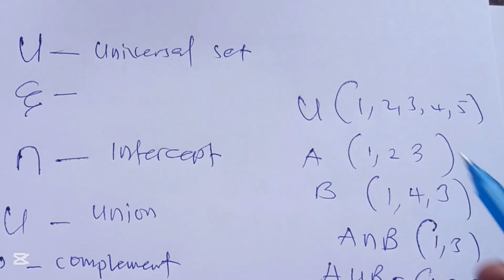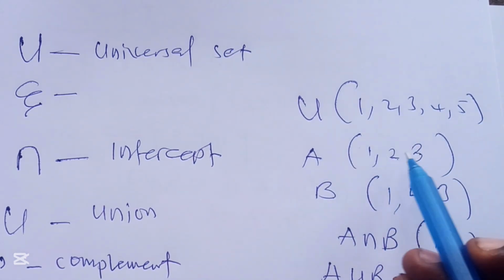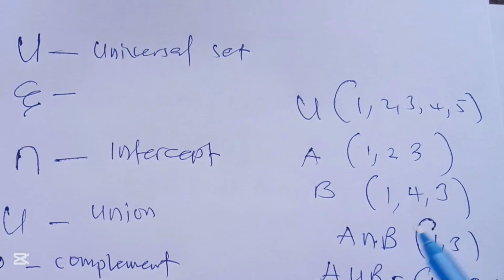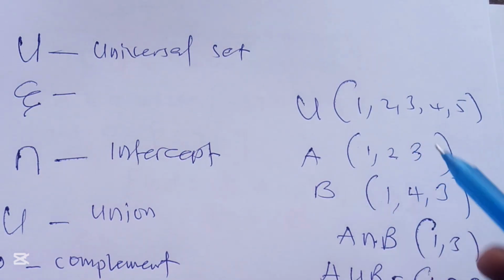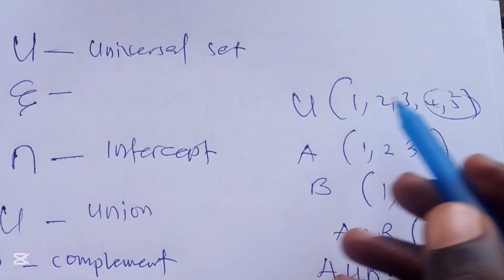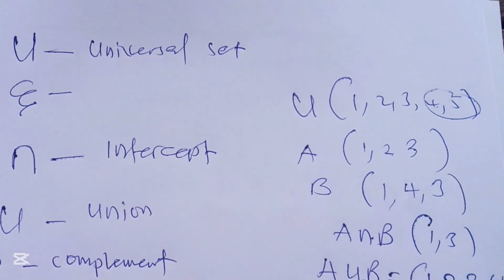It means what is in the universal set that is not in A. That is 4 and 5, because they are in the universal set but not in A. So this is our A complement.